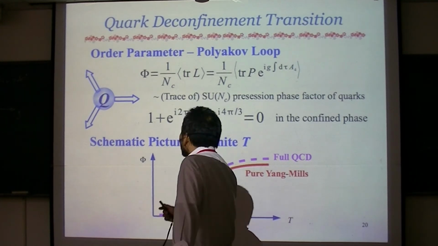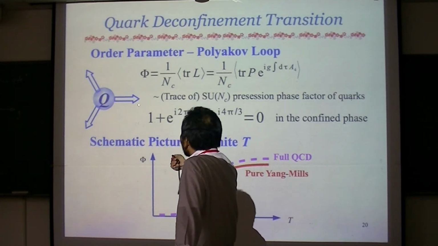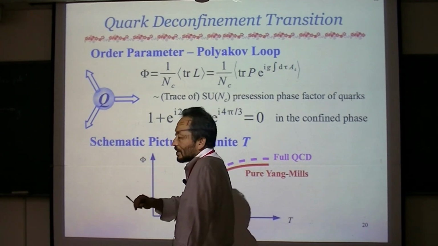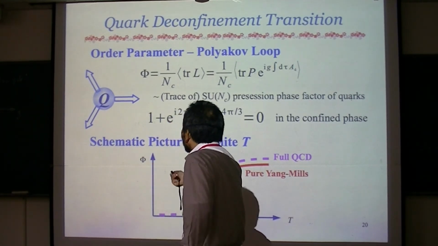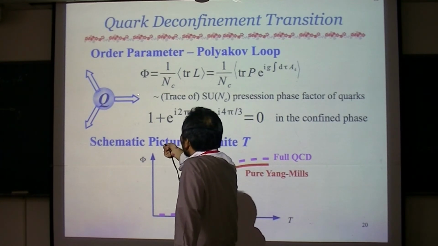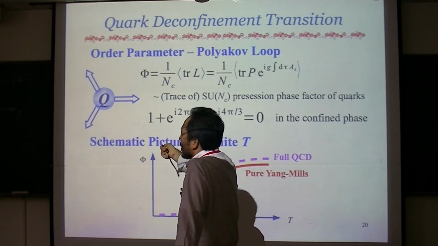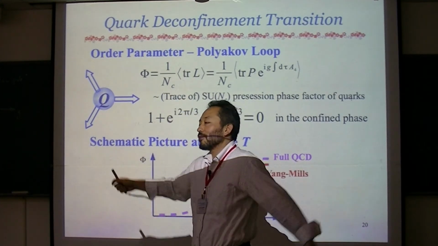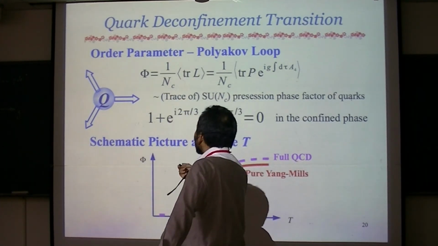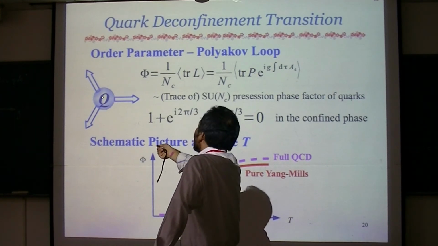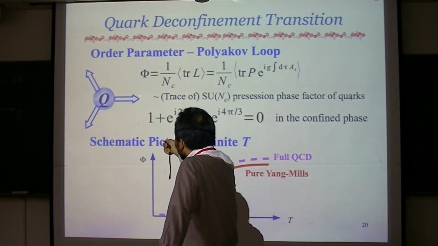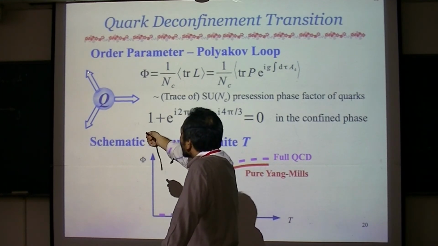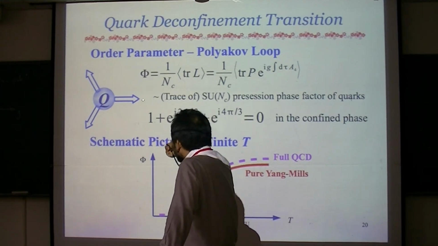But the point is that, even though the weight factors here and here and here are identical, the energy barrier between this state and this state becomes greater and greater as you go to an infinitely large volume. That means if the state falls into this point, for example, then that state cannot go to another minimum.